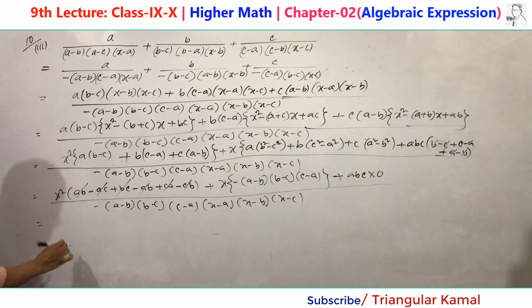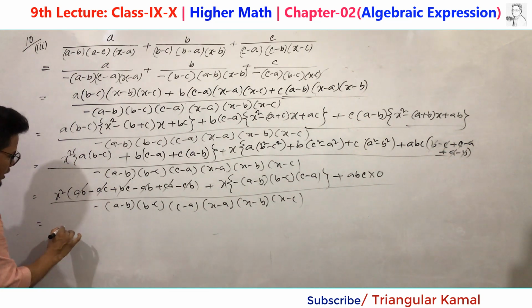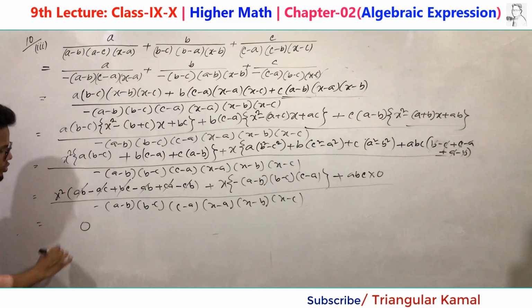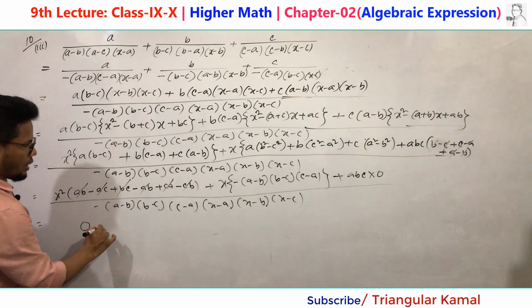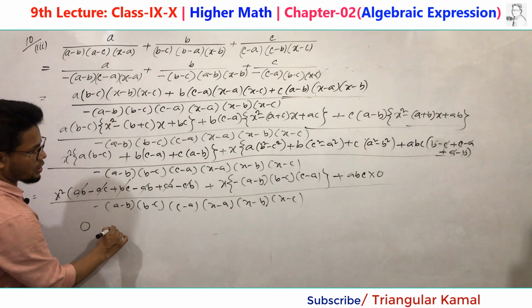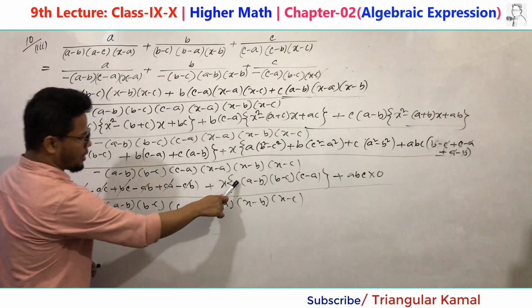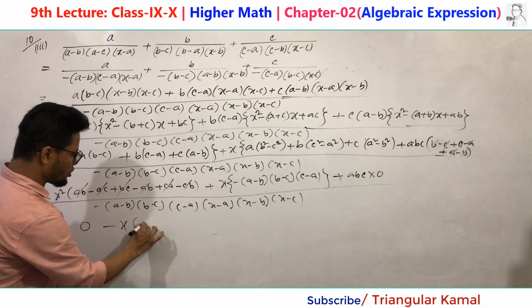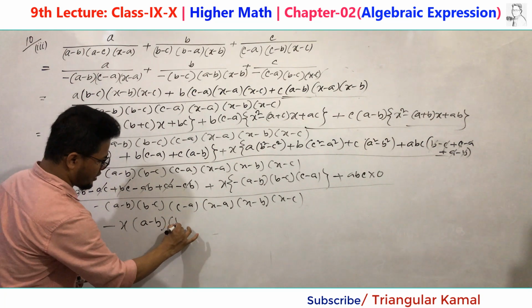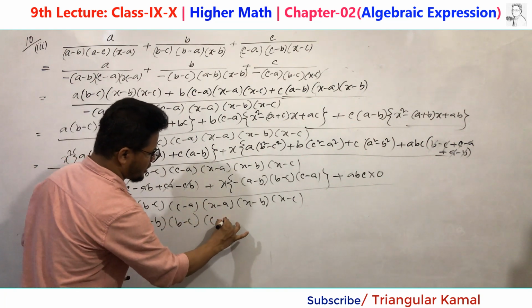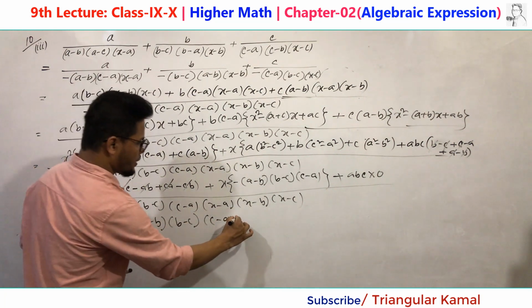So the x square part will remain 0. Like x square multiply with 0, this one will be 0, and after doing calculation there will be minus x times of a minus b, b minus c, and c minus a, and finally this part will be 0.